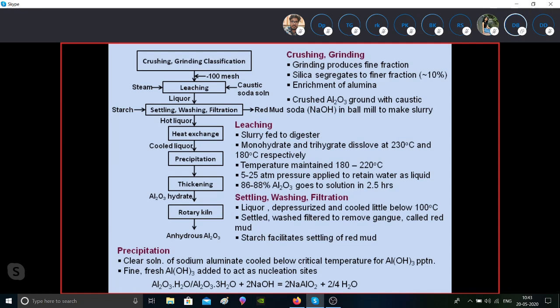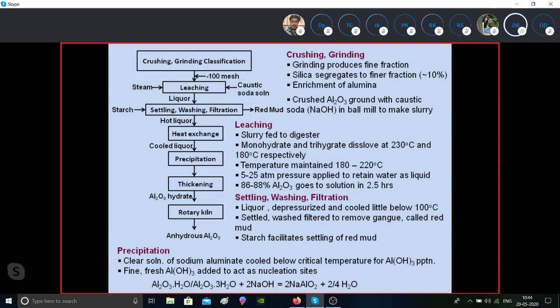For that, the temperature is always maintained around 100 degrees centigrade in the entire stretch of settling, washing and filtration. Again, I will touch upon why it is so. Once it is totally cleared, the cleared solution of sodium aluminate is cooled below a critical temperature. Now we are bringing down the temperature below 100 degrees centigrade.